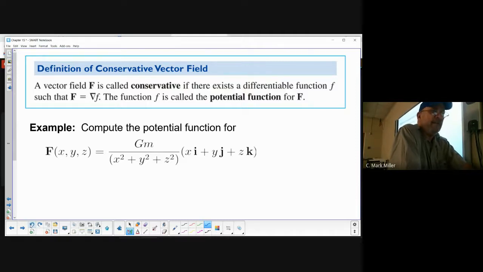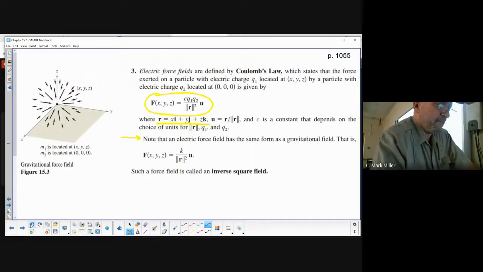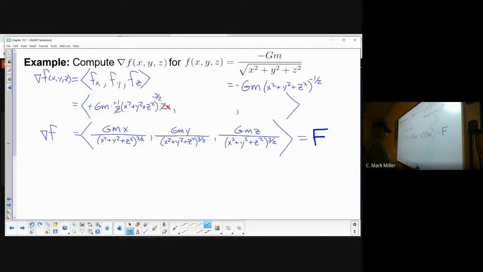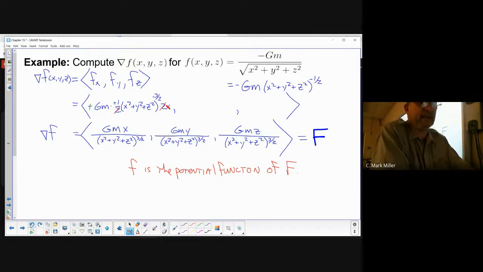Now, the function of which it is the gradient is called the potential function. So here, little f is the potential function of big F. Big F is the gradient of little f.